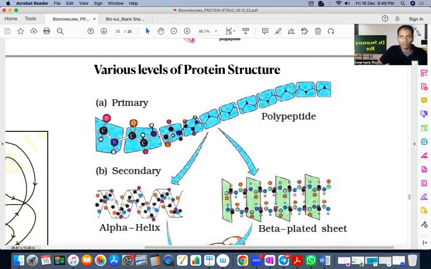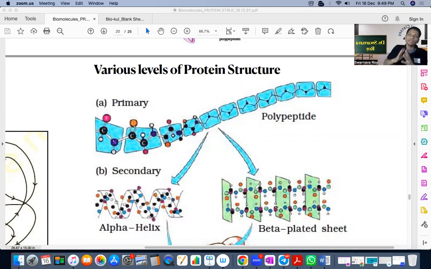I'll keep on pointing out the primary structure. So here we have the peptide bond between the N and the carboxyl group, right? Again, between the N and carboxyl group, and this is the primary structure of the protein, which is showing the peptide bonds, right?